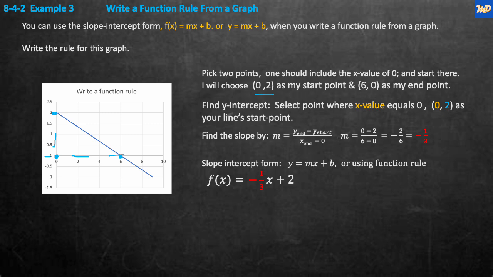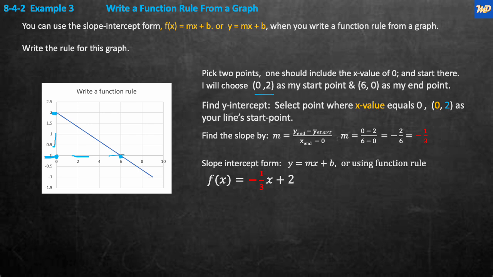So m is equal to y ending, we picked this value down here, the y ending point is 0, so we have 0 minus 2, the starting point, divided by the x ending point.